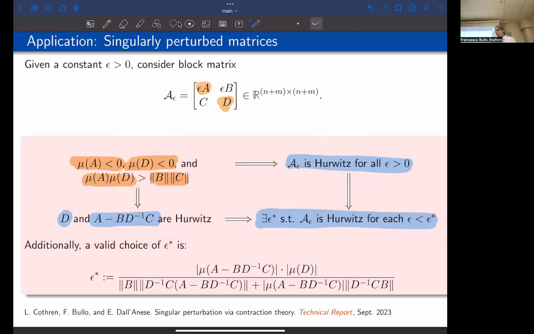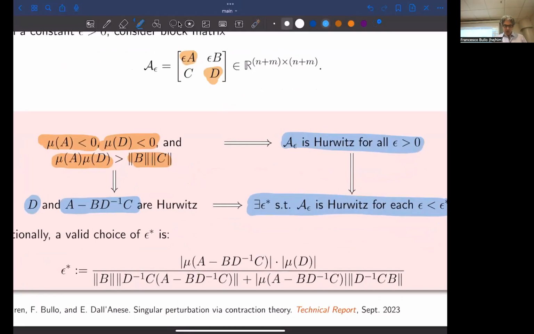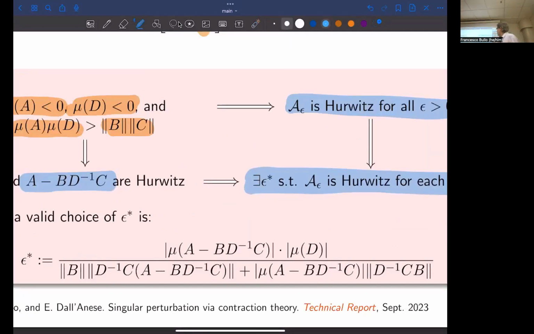Now, in contraction theory and in all of this field, as I have mentioned to you, everything is rather explicit. There are no anonymous constants such as epsilons and deltas and other things. It's all very explicit. And to confirm this one more time, I can give you this expression for the epsilon star. So in singular perturbation theory, you would say there exists an epsilon star such that when you are below it, good things happen.